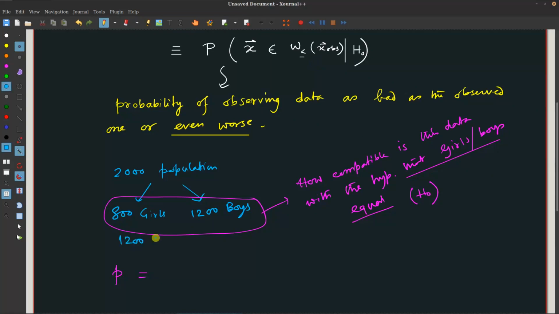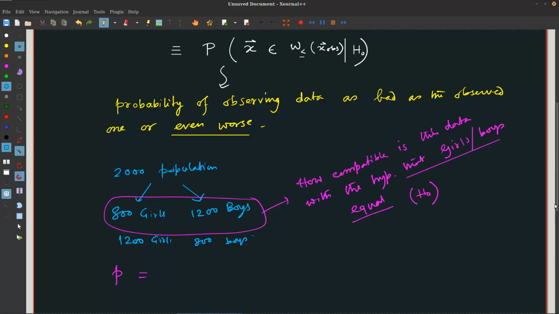It could happen that you get 1200 girls and 800 boys. This is the other side of the coin, so it is equally bad. Or even worse would be what? If my hypothesis H0 is that there are equal fractions of girls and boys, then the worst compatibility will be that you get fewer than 800 girls or even fewer than 800 boys. Those will be even worse.